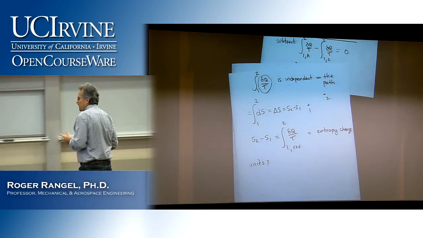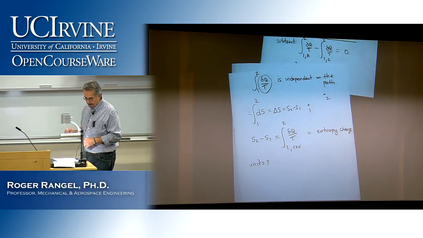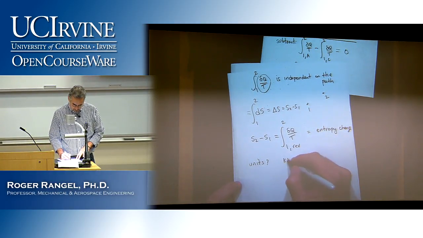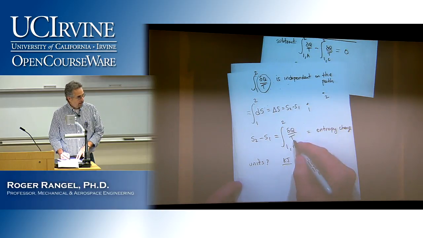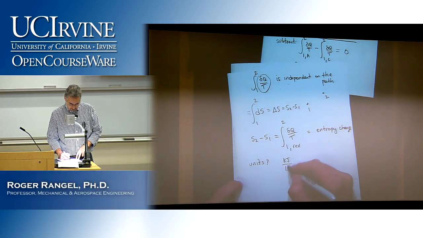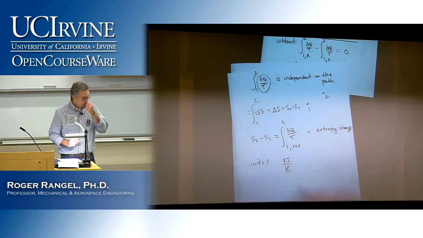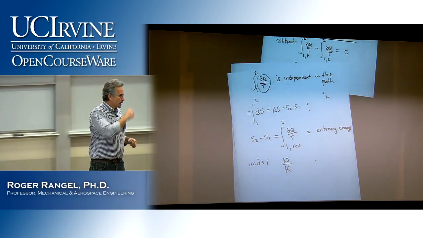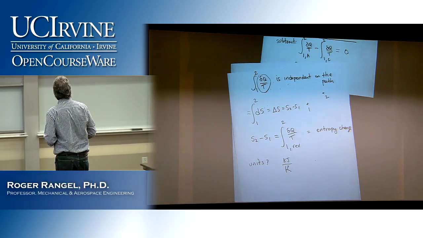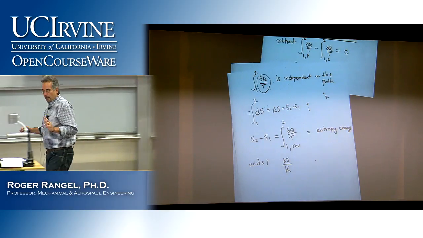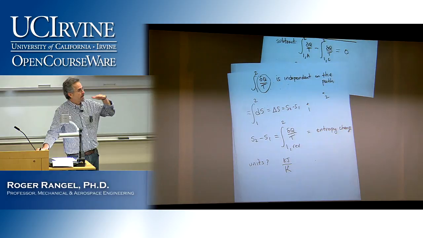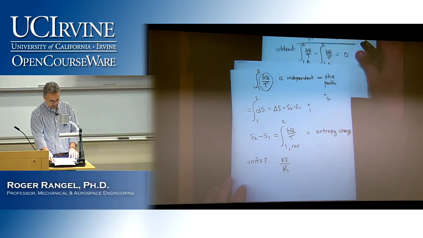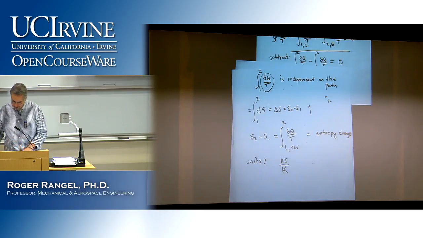So heat transfer would be, if it's SI, joules or kilojoules, and temperature absolute Kelvin. So those are units of entropy: kilojoules or joules per kilogram per Kelvin. So keep in mind, it's just units of energy divided by units of temperature. If you want to write it in another system, that has to be the units.